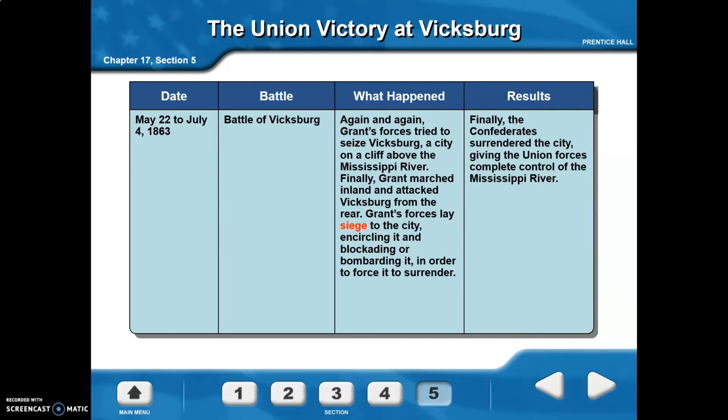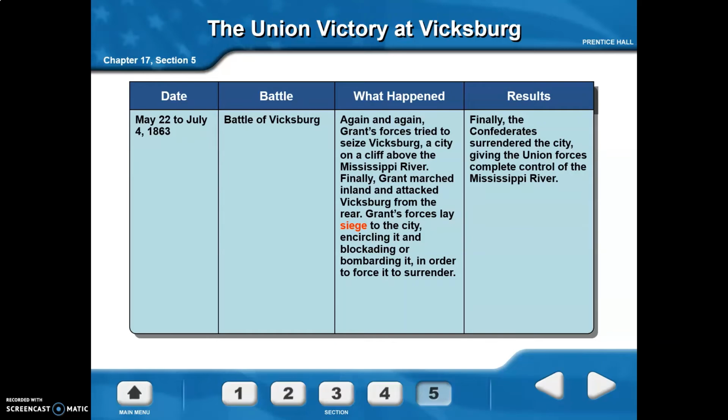And Grant tried time and time again to seize Vicksburg. So Grant came up with this idea, and he decided he was going to march inland instead of going on the Mississippi River to attack. He was going to march inland and attack Vicksburg from behind. And Grant's forces laid a siege, which, if you don't know what a siege is, they encircle the entire city and they kind of blockade it where people in that city can't come and go.